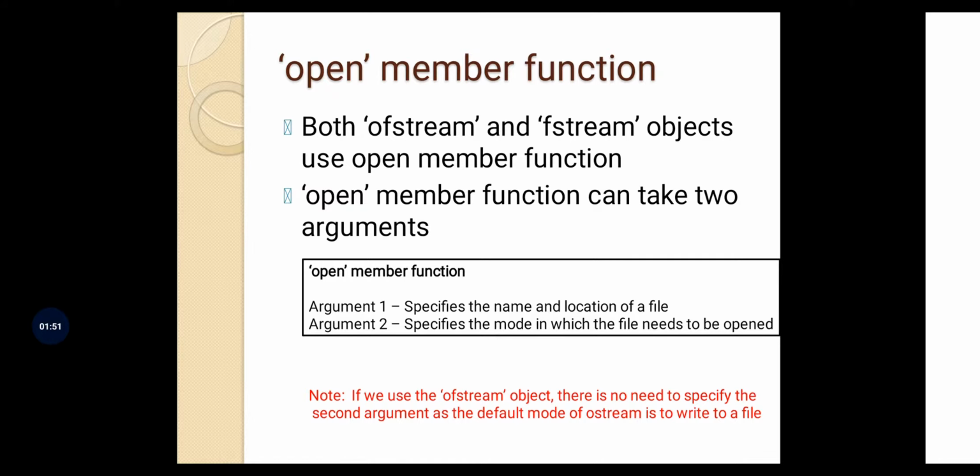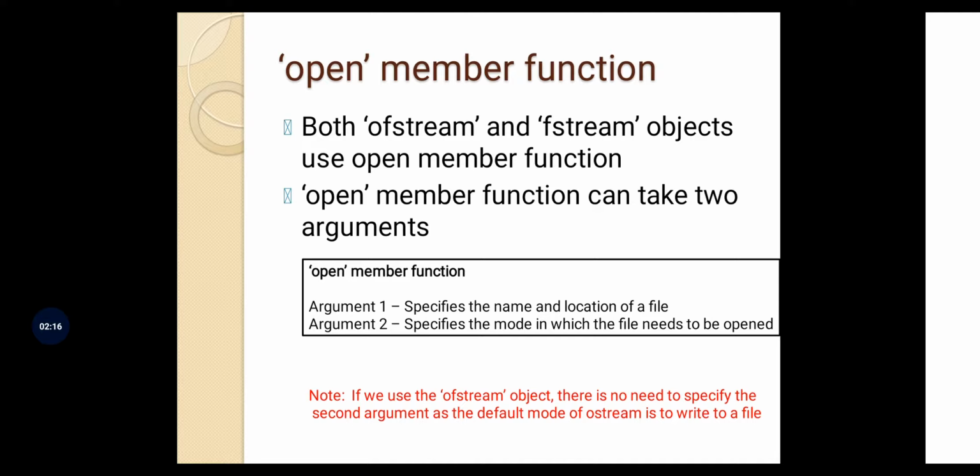So let's look at this open member function. Both the ofstream and the fstream objects use the open member function, and it can take two arguments. The first argument would be the name and the location of the file, right? And the second argument will be the mode in which a file needs to be opened.